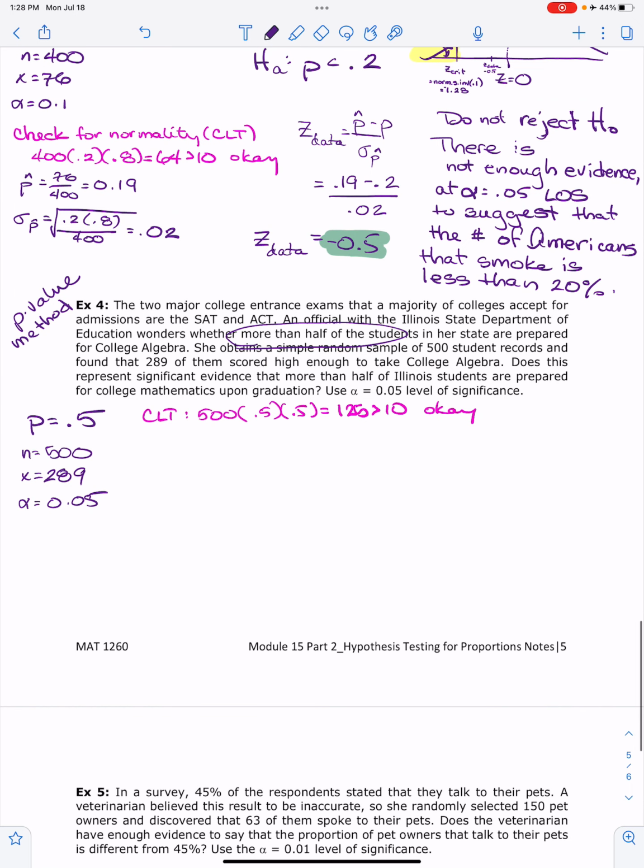I need my sample proportion. Here I get 0.578. I need my sample standard deviation. I get 0.0224.